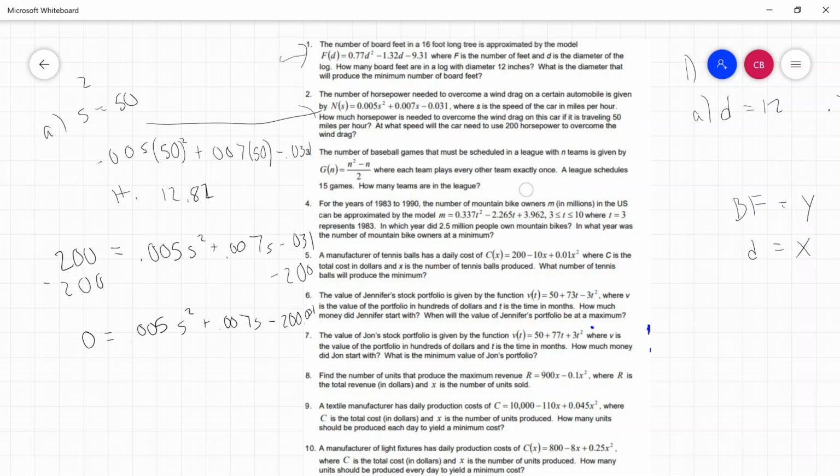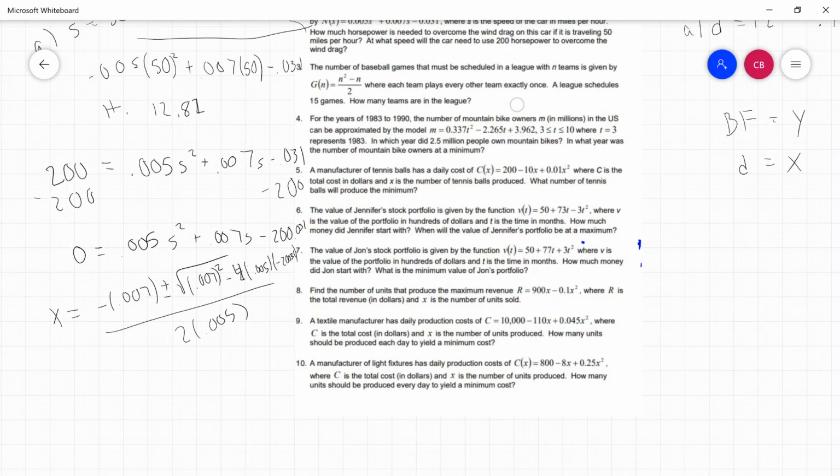And if we go from there, then we have to use the quadratic formula. x equals negative 0.007, plus or minus the square root of that number, all over 2 times 0.005.